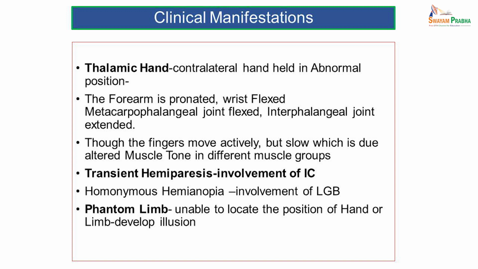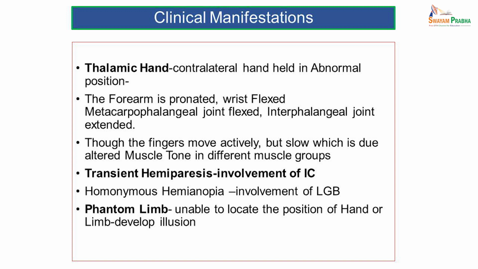Each group of muscle has different tone, so the activity is slowed down, but movement is possible and the hand is held in this position. If the internal capsule becomes involved, it leads to transient hemiparesis.